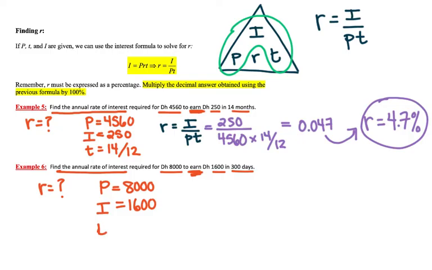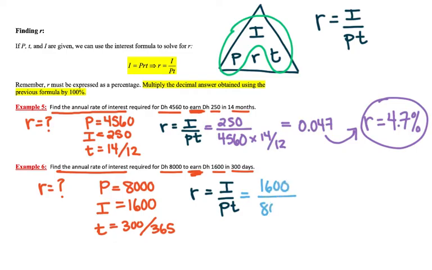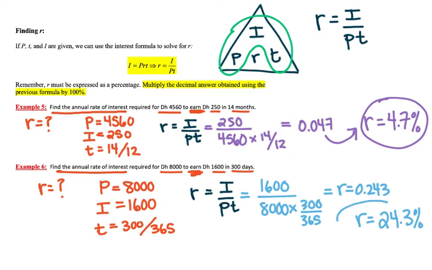The time is 300 days, and since they said days, we say 300 divided by 365 days in a year, and we will plug into this formula, R equals I over PT, in which case we have 1,600 divided by 8,000 times 300 over 365, and you will get that R is 0.24333, which, if we change that to a percent, is 24.3%.